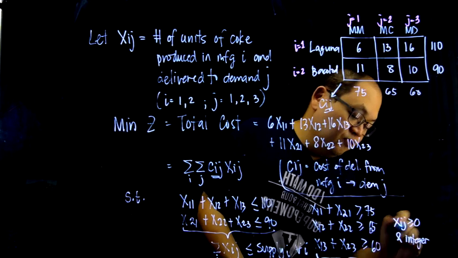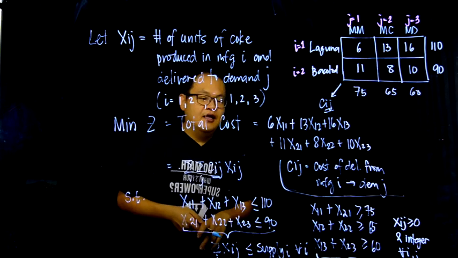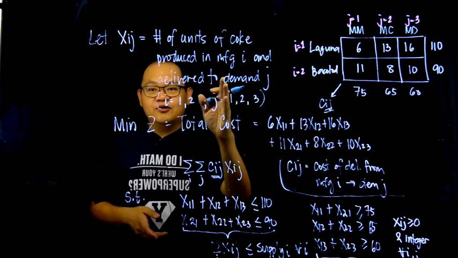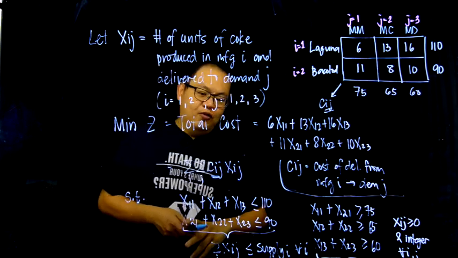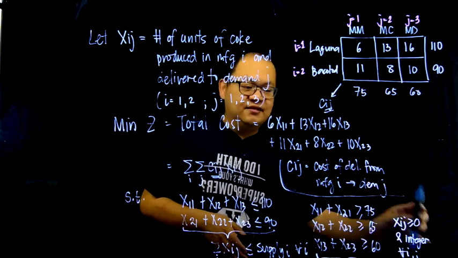Okay? For all i and j. And this is how we formulate our transportation problem. And as you can see, we've used integer variables in this case. Okay?